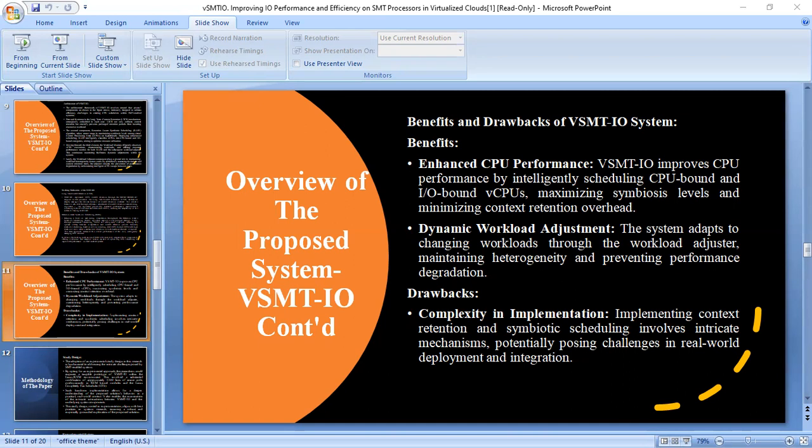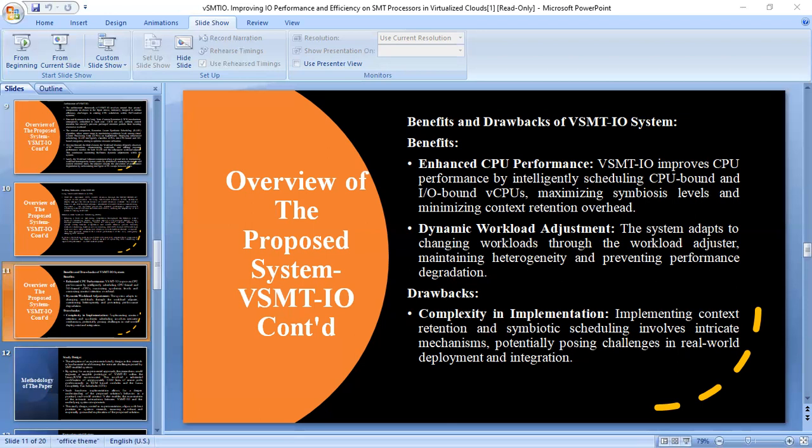The robust architecture of VSMT-IO, incorporating LTCR, RAS, workload monitor, and workload adjuster, may mark significant milestones in the field. The implementation of VSMT-IO evaluated across various workloads showcases substantial improvements in both IO and processor throughputs.